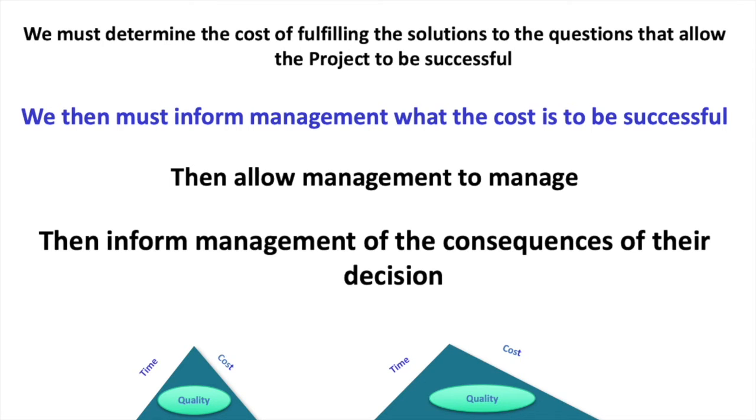So what we need to do is, regardless of what the budget actually said and created some time ago prior to the project being initiated, even if it's in disagreement with that, we need to come up with a new cost based on the questions and answers to those questions of what we need to produce in order to be successful. We must do that, even though it's a big difference. Then we must inform management about that, what it takes to be successful, how long and how much money it's going to take.